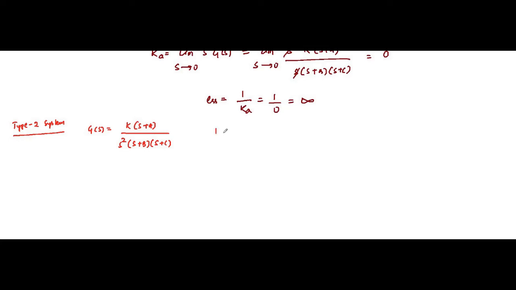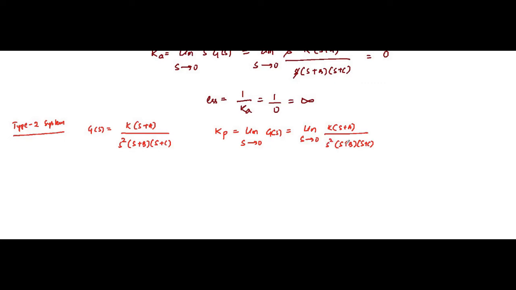First we'll determine the position error coefficient for step input application, which is equal to limit s tends to 0 G(s), which is equal to limit s tends to 0 K into (s plus a) by s square (s plus b) into (s plus c).